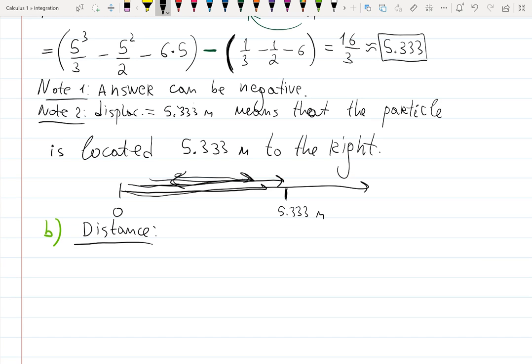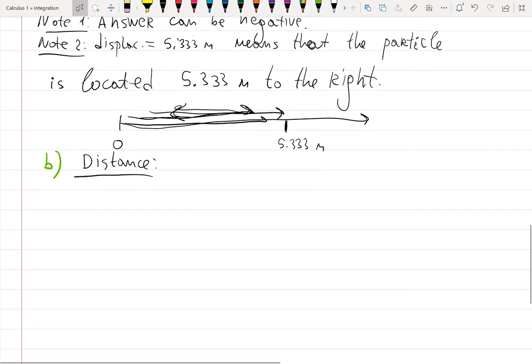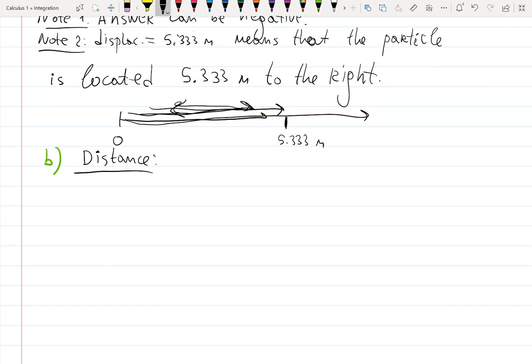To calculate that, we need to take into account that the particle might be traveling left and right. For this, we need to take into account where the velocity can be positive or negative. Take the function of the velocity, which is t squared minus t minus 6, and find the roots of the function, because those roots will identify where the function is negative or positive.